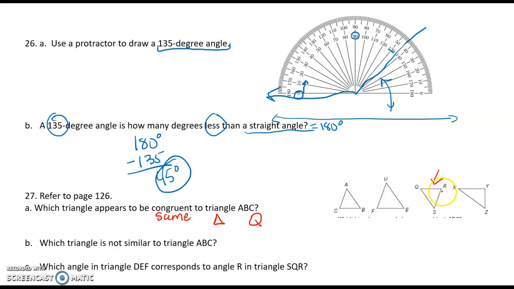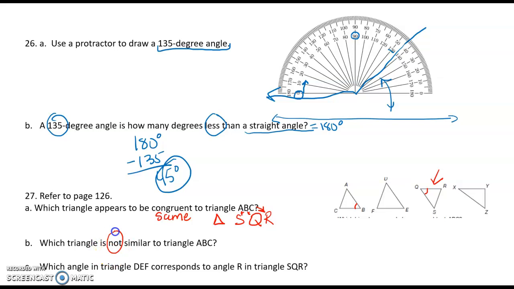BC is flat, QR is flat, so we'll make this R and we'll make this S. Because these, you'll see when you're dealing with congruent and similar triangles, you have to align the angles with one another. For instance, this angle is the same as this angle, so the B and the Q should be in the same spot, okay?